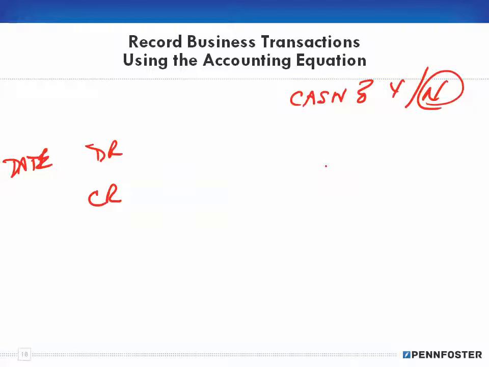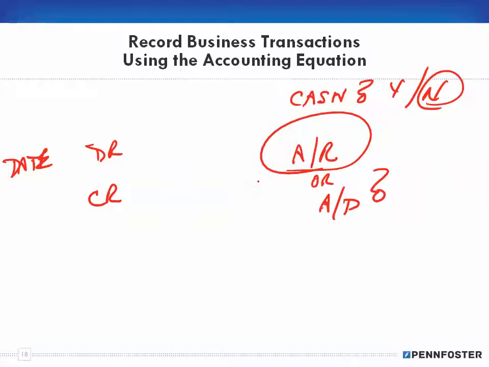Well, the next question that I ask myself is, am I affecting accounts receivable or accounts payable? And in this case, because I'm making a sale on account, I'm affecting accounts receivable.